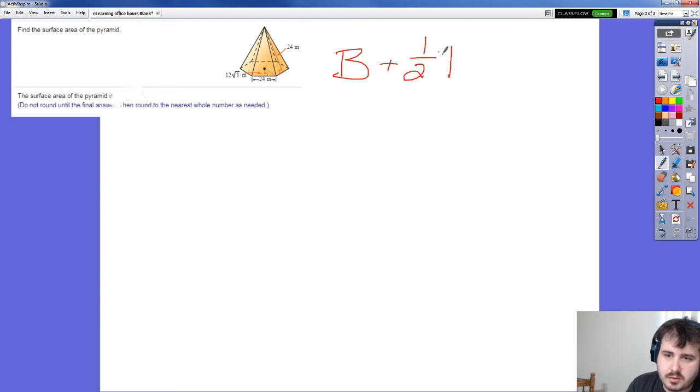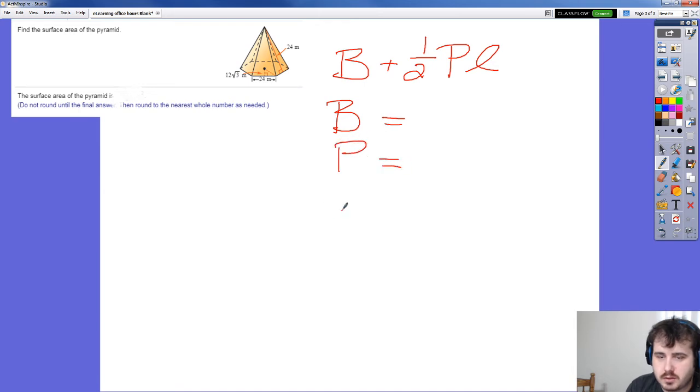So it should look like that. What we need to know is, what's B, what's P, and what's L? What's the area of the base, what's the perimeter of the base, and what's the slant height?